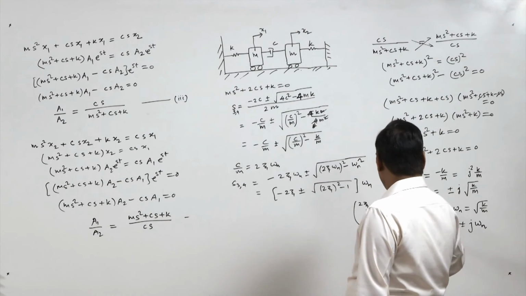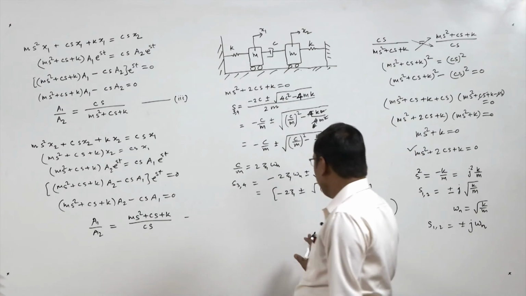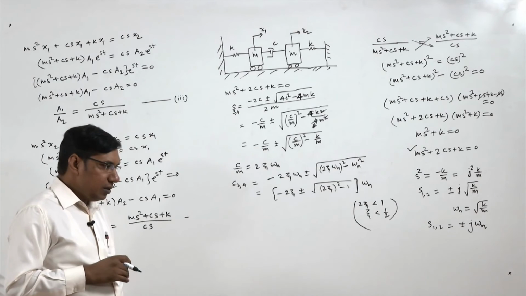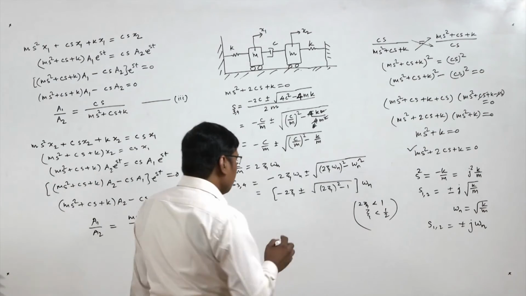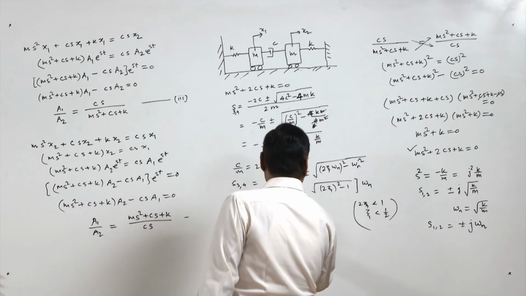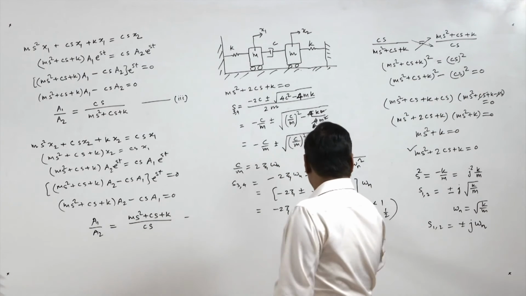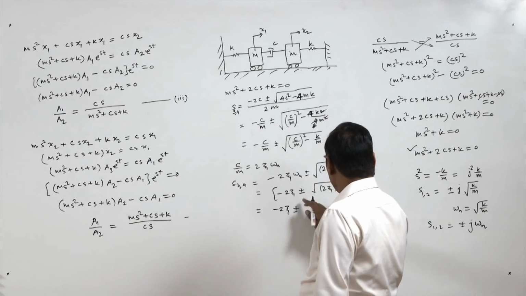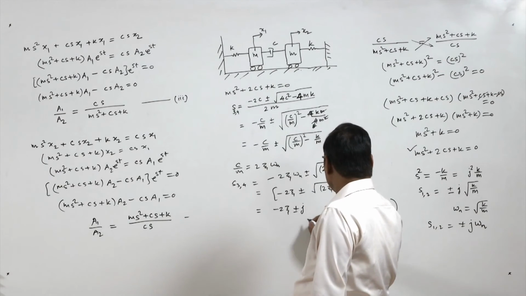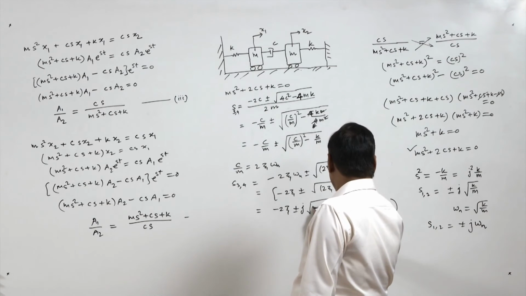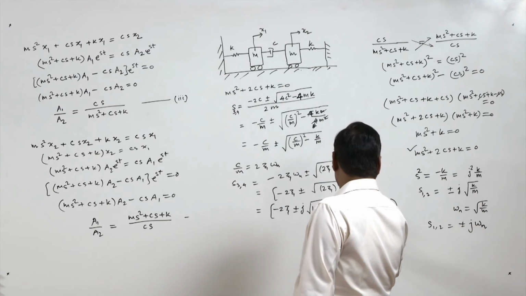So the damping factor is less than half, and we are basically taking the underdamped system. So here we will have minus 2 zeta plus minus, we take the minus outside, so it is j under root 1 minus (2 zeta) whole square, and this is omega n.